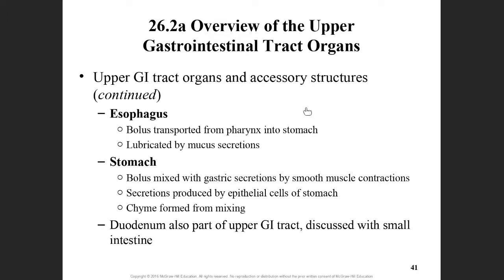The esophagus is a long tube, and the bolus is transported from the pharynx through the esophagus to reach the stomach. The esophagus is lubricated by mucous secretion.